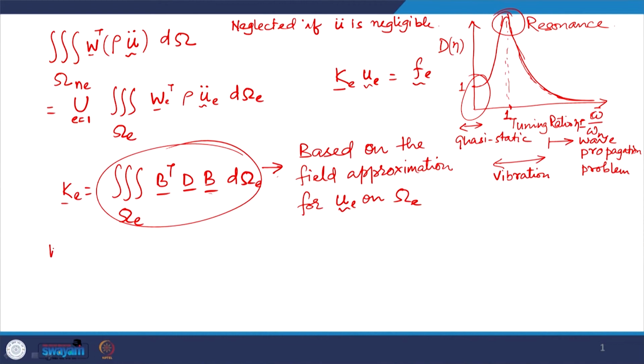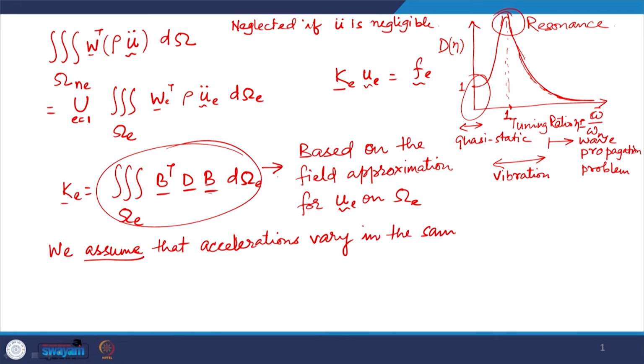So, we assume that accelerations vary in the same way as displacements within an element.